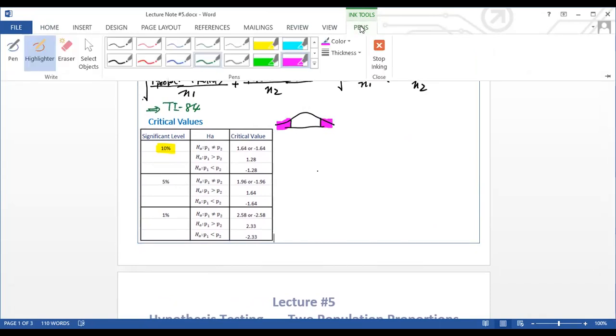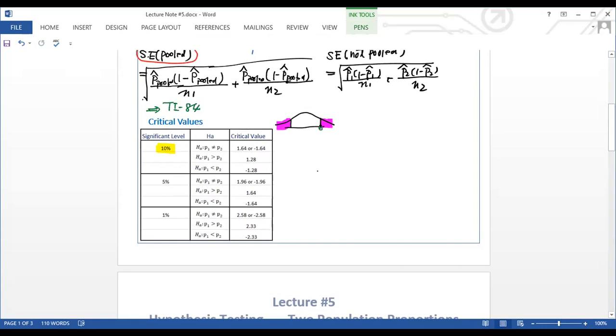Then this is my critical value, 1.64, and this is negative 1.64. Because it's 10% in the two tails, each tail has how many? 5%. So here's a 5% and here's a 5%.